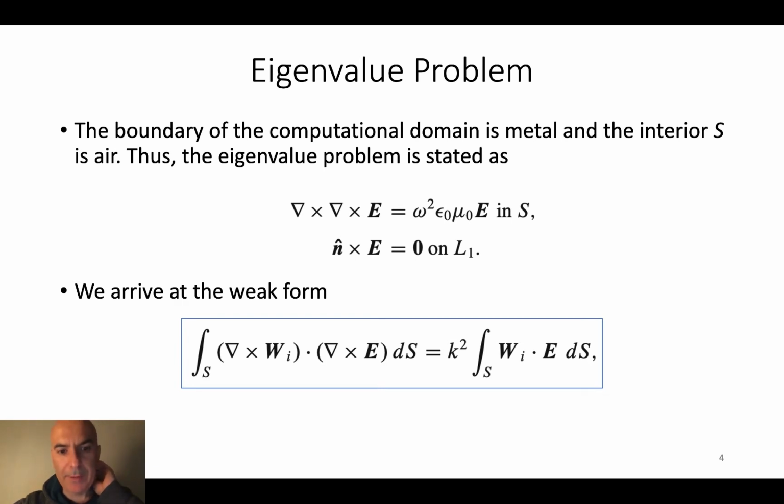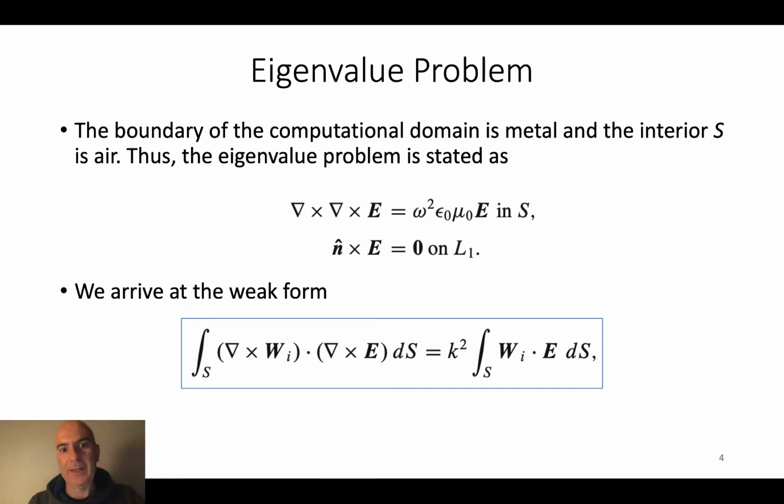We're going to have a number of these equations, each one with a different testing function, right? Depending on how many edge elements we have, we're going to have different equations. So this will correspond to a set of different equations.